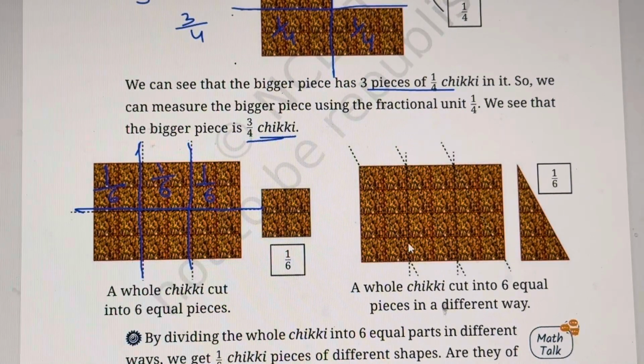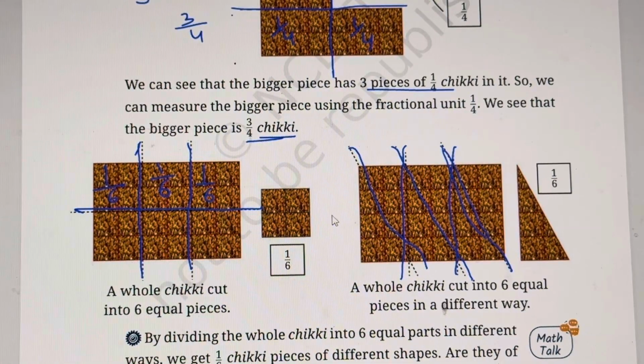Now see another example. This whole chickpea is again cut into 6 parts, but the way of cutting is different. So 1, 2, so it is cut this way, right?